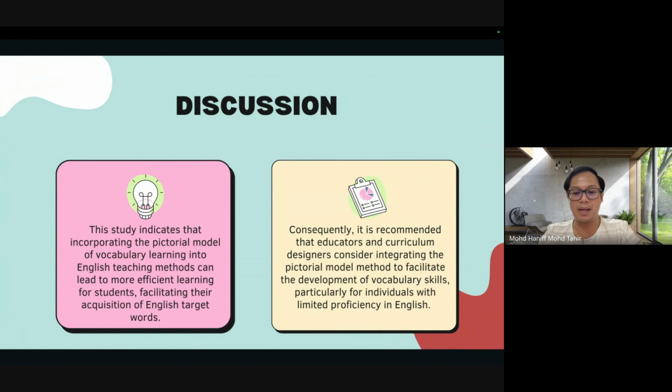Consequently, it is recommended that educators and curriculum designers consider integrating the pictorial model method to facilitate the development of vocabulary skills, particularly for individuals with limited proficiency in English.